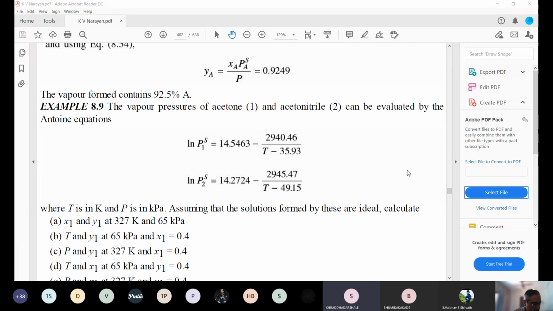Okay, so P1s P2s आ गया, now we can calculate P again for this temperature. Find out P. What is the pressure?